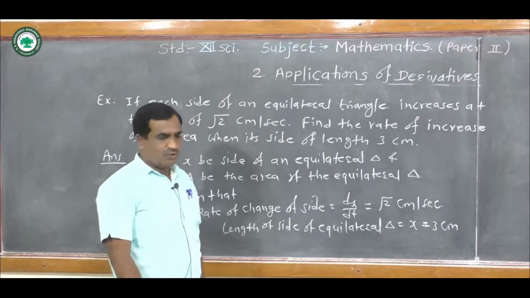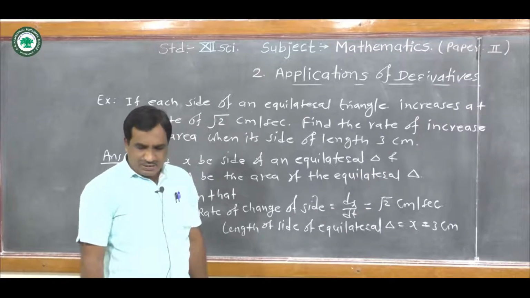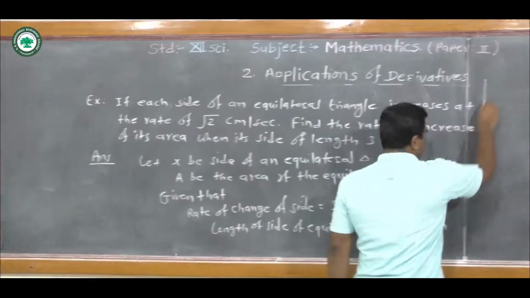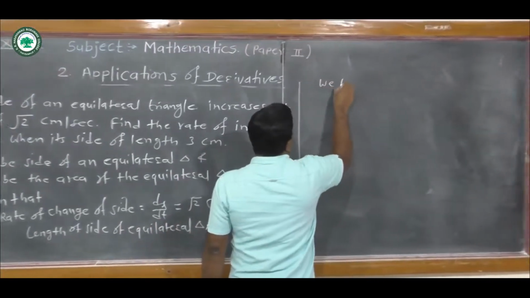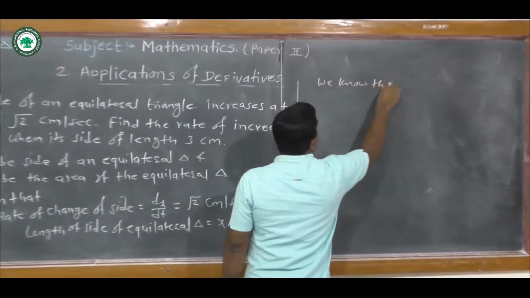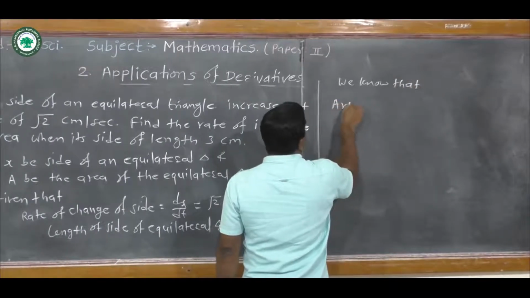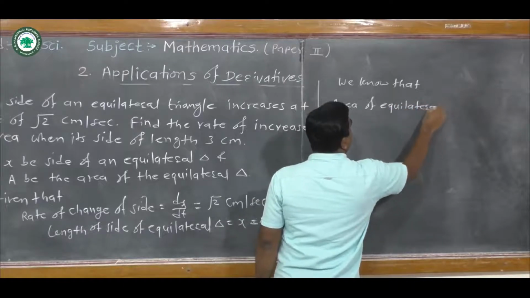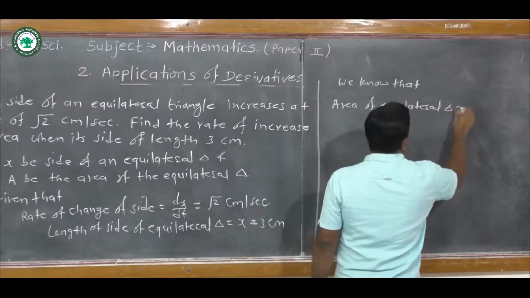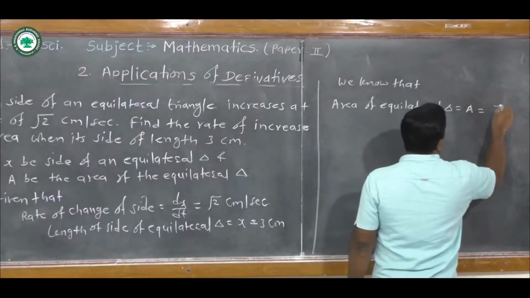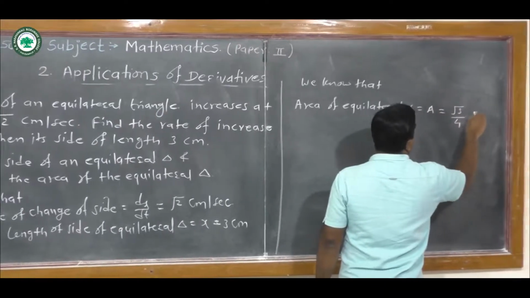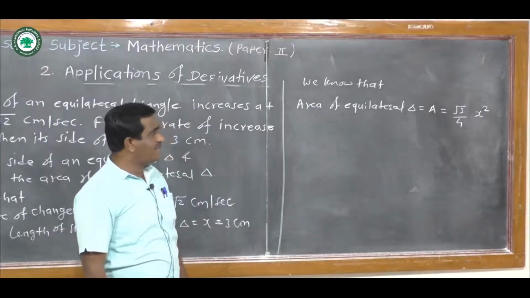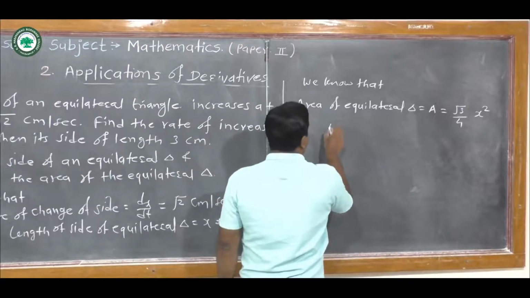For that purpose we want to know the area of an equilateral triangle. We know that the area of an equilateral triangle is A is equal to under root 3 by 4 into side square, that is x square. This is the area of the equilateral triangle.